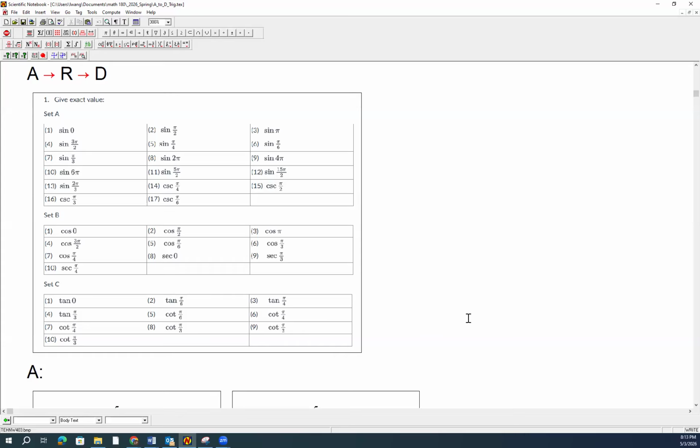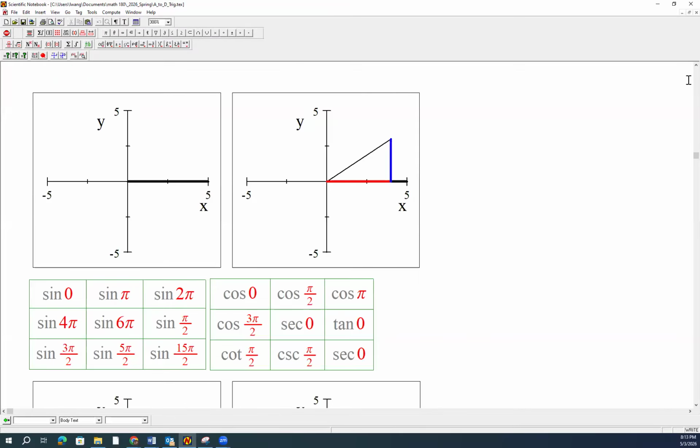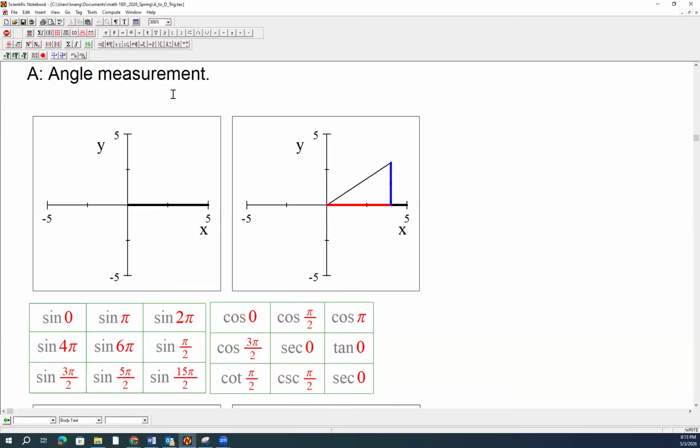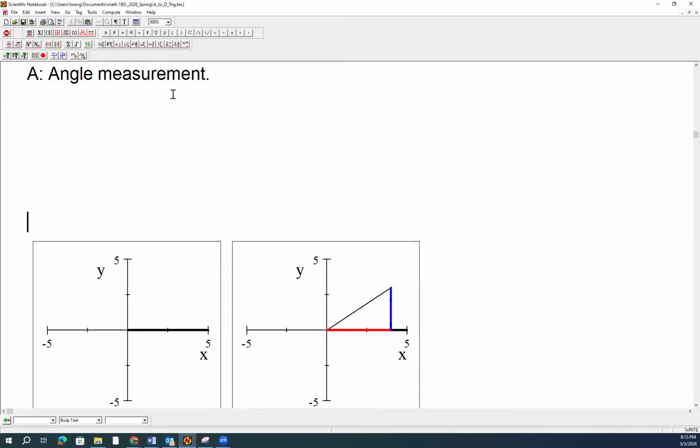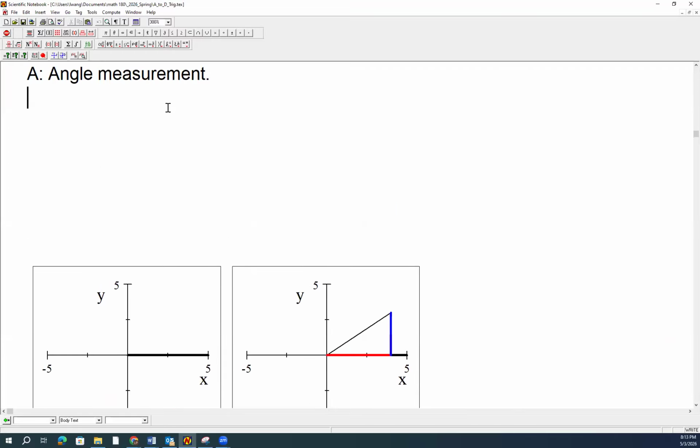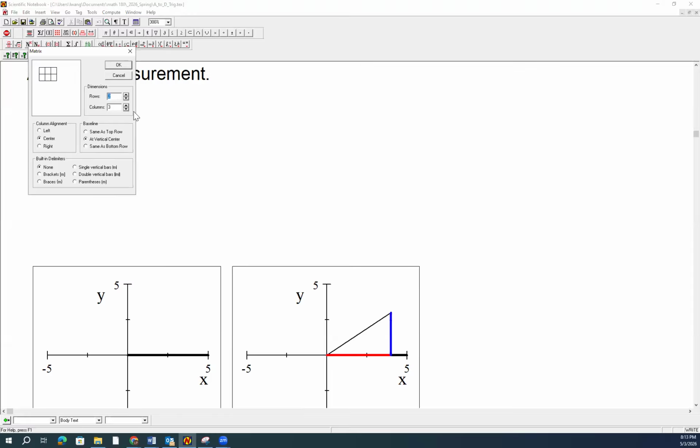A in trigonometry is about angle measurement. Okay, angle measurement. What does it mean? Angle measurement means how the input of trig functions is measured. So first of all, let's list all 6 functions.